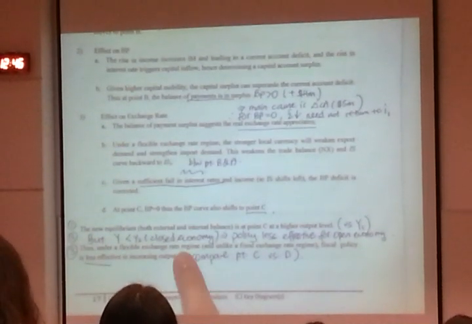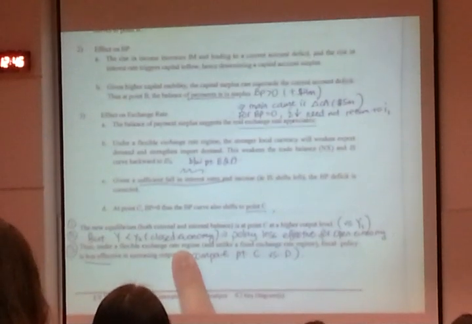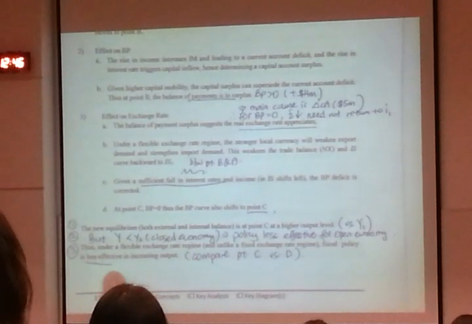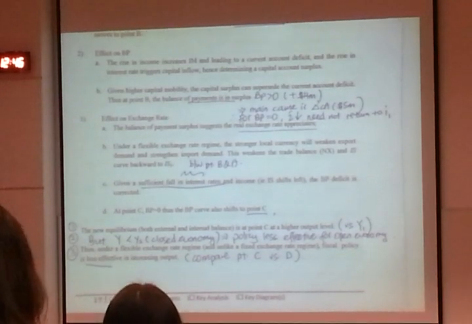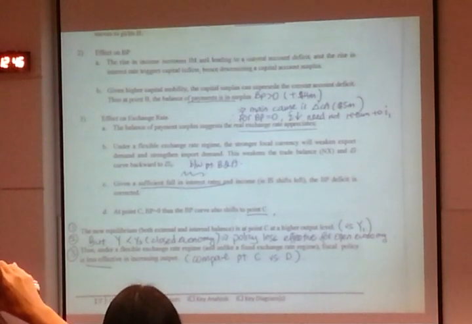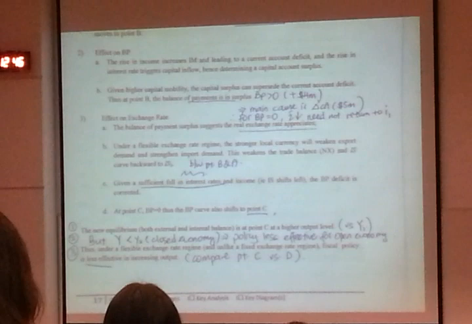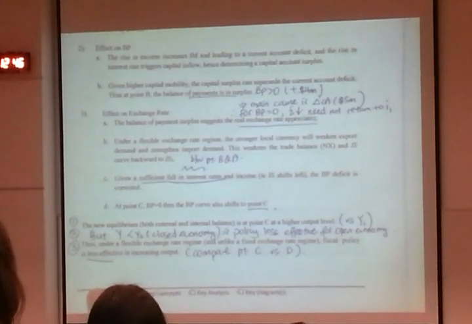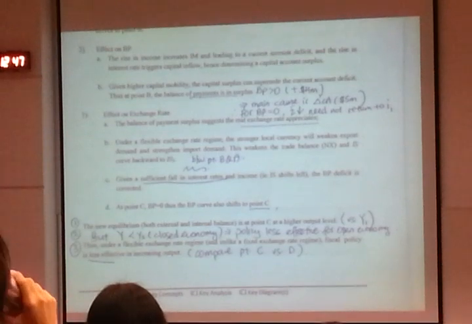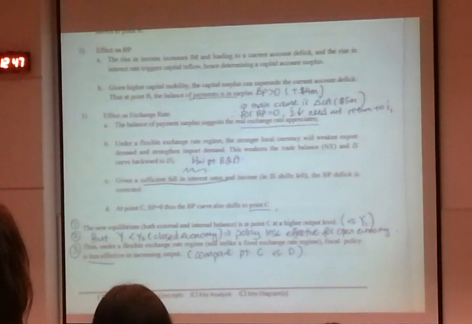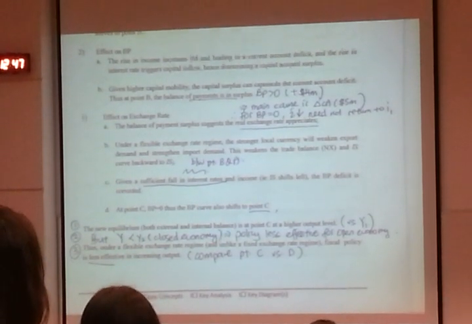So under a flexible exchange rate, fiscal policy is less effective. I'm not asking all of you to do all 3 of them. If you can do 1 and 2, you're already okay. But if you want to demonstrate you are a thinking student, very competent in this topic, you should also learn to comment on the 2 different exchange rates.